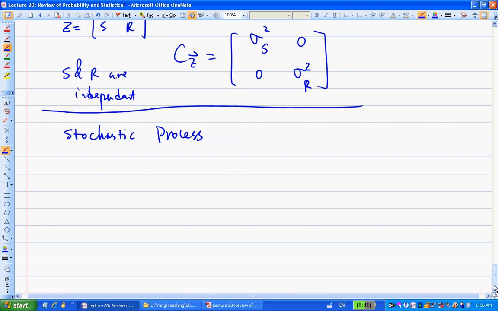So what is a stochastic process here? Let's say we have a so-called stochastic process. I'll use x of t, a continuous one. For example, right here I have a process x of t. Here's what happens.